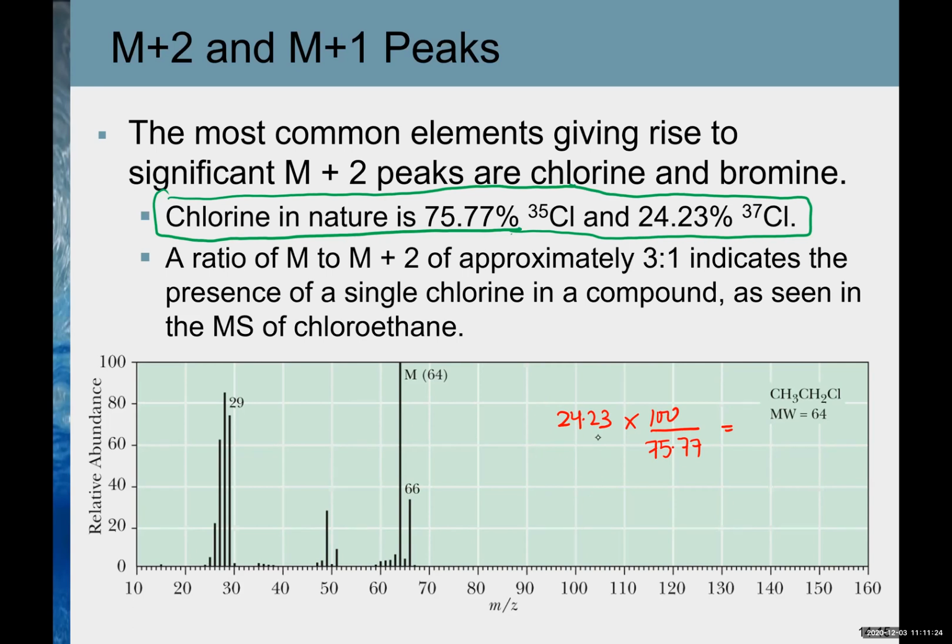Okay, so I have an answer from Kaylee. Let's hear from others also. So the formula is percentage of the heavier isotope multiplied by 100 divided by the percent of the smaller or lighter isotope. And when you plug in these numbers, yes, anyone?